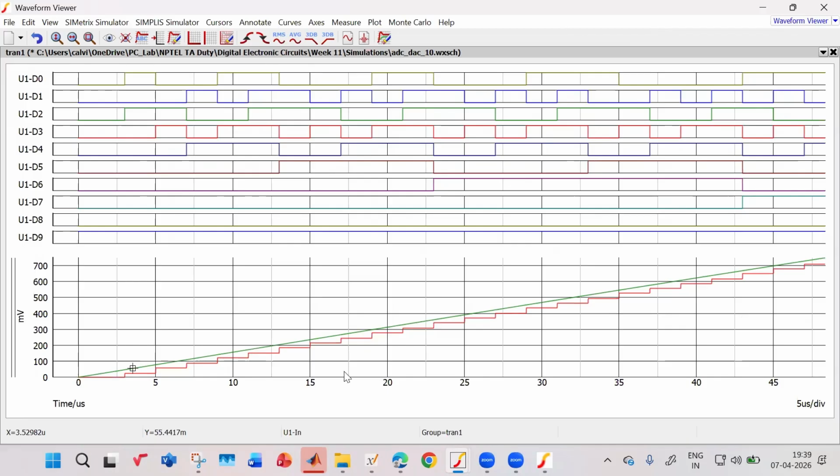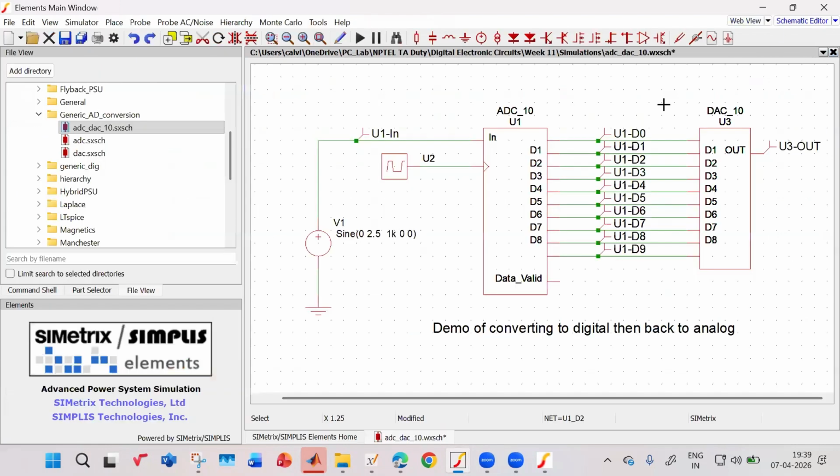There's a green line and there's a red curve. The green one is your input signal. The red one is your digitized, quantized signal. That's what we were discussing regarding the error from quantization. I think this is a little bit difficult for you guys to understand.